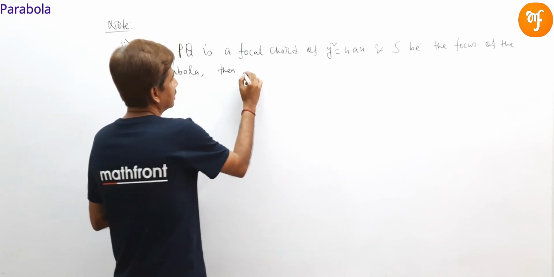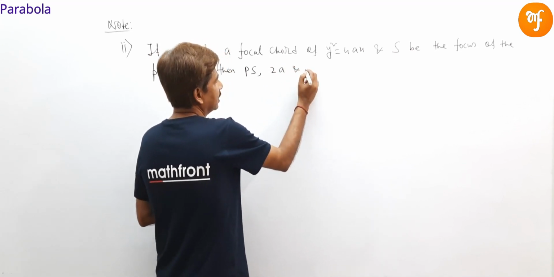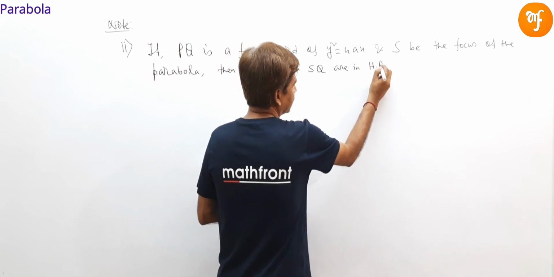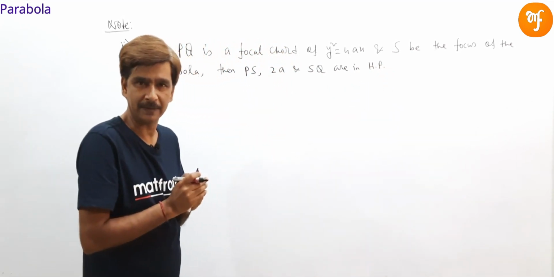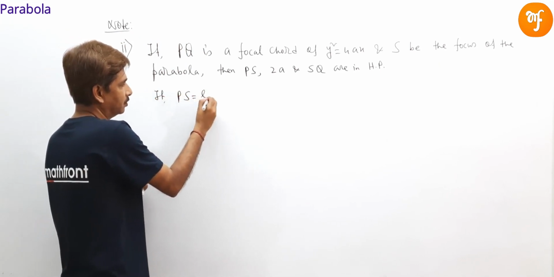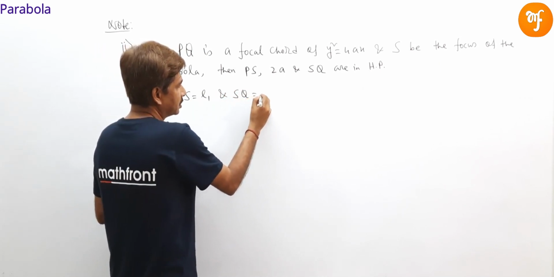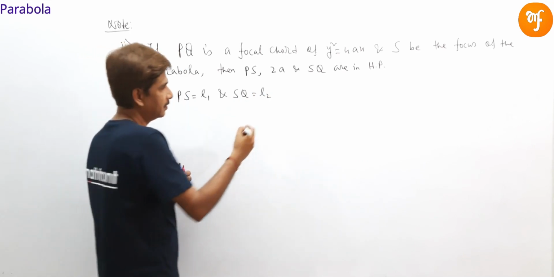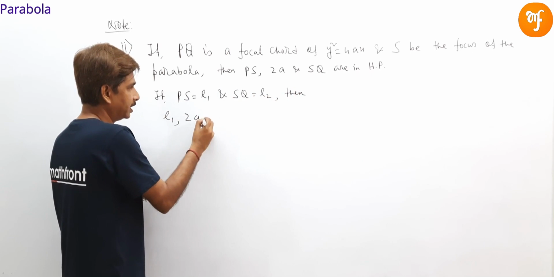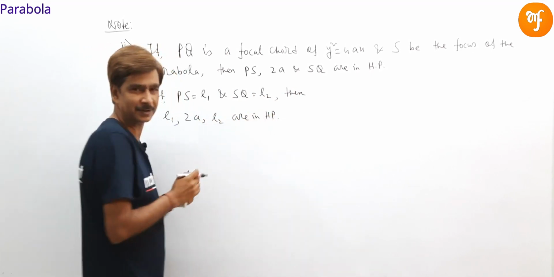So PS, 2a and SQ are in harmonic progression. If suppose PS is equal to L1 and SQ is equal to L2, then we can say L1, 2a, L2 are in harmonic progression.